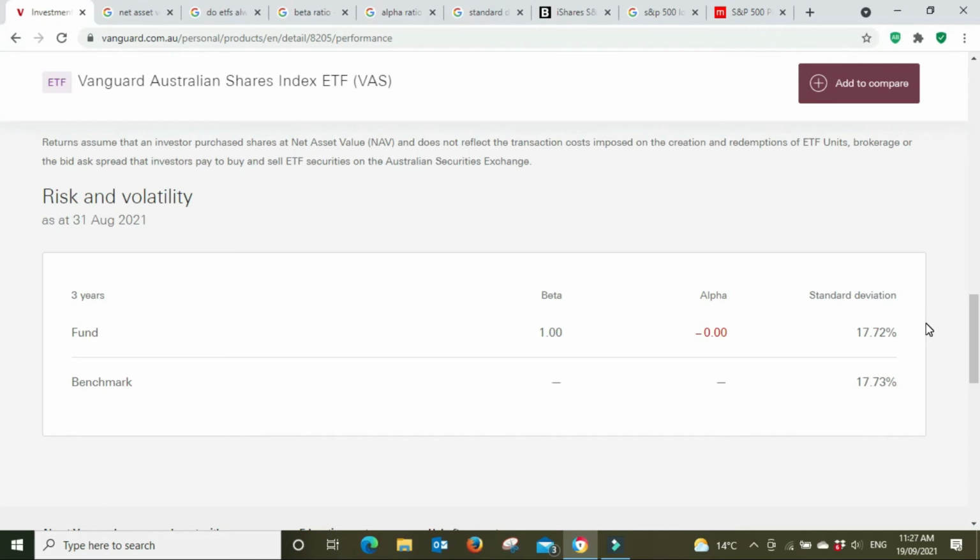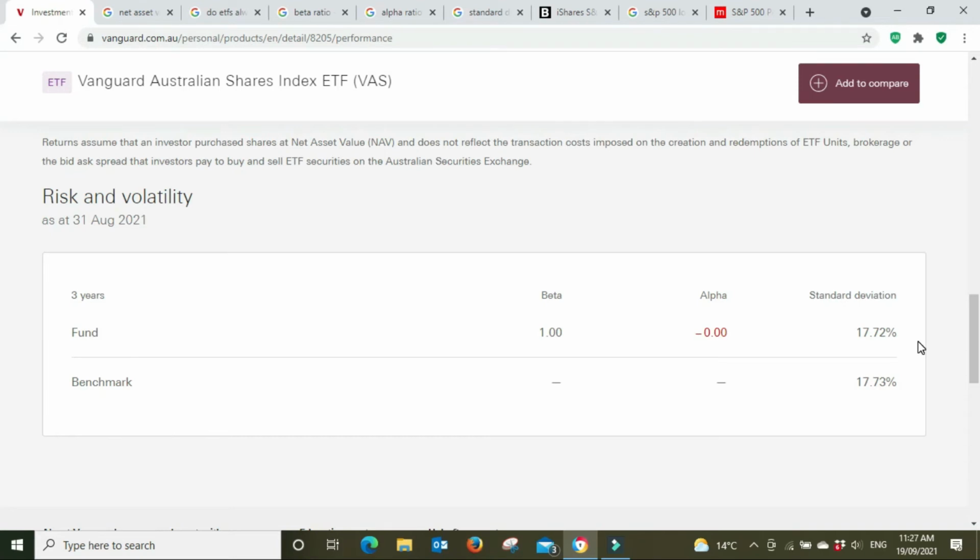And the standard deviation is basically how much returns vary from the average. So if you've got your average return, and then you've got 17% standard deviation, that means the actual returns, because they're going to go up and down over time, tend to deviate about 17% from the average returns.